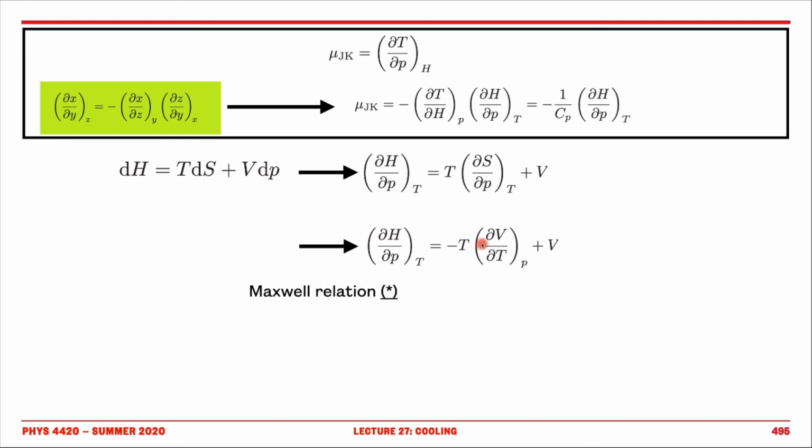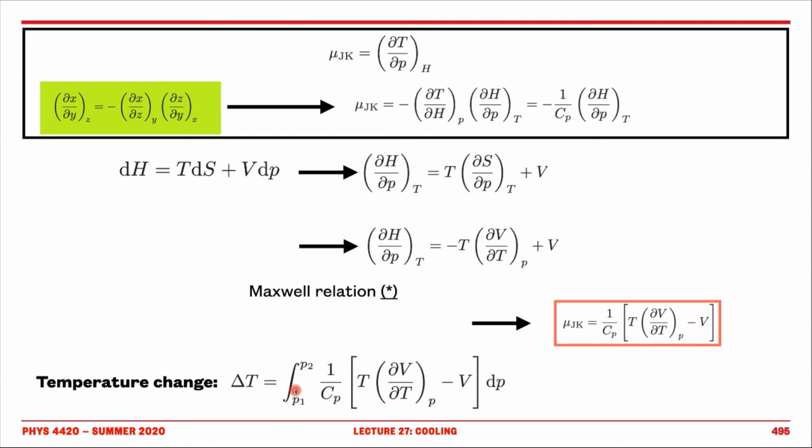Now I can substitute this term into my temporary relationship for the Joule-Kelvin expansion coefficient, and I end up with this term, which is very similar to what I had before for the Joule expansion, but now it's under a different constraint. So one more time, you can calculate a change in temperature when you move from pressure P1 to pressure P2, and this is calculable using the different models that we have.